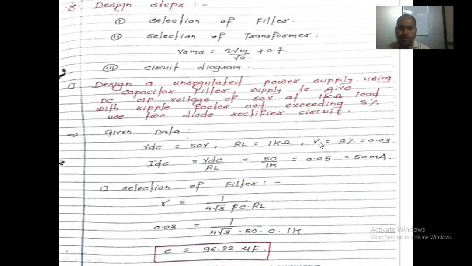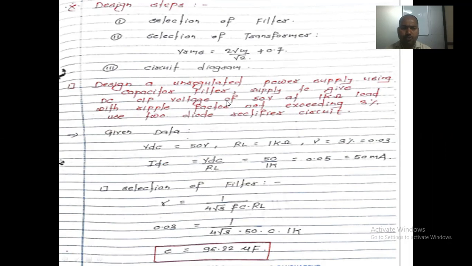So we know that when we have to calculate the current through the device, that is IDC equal to VDC divided by RL, because both things we know, right? So VDC means this is the required VDC. Required means we have to design the VDC of 50. So that's why, for the value of current that we require, we have to see IDC equal to VDC divided by RL.